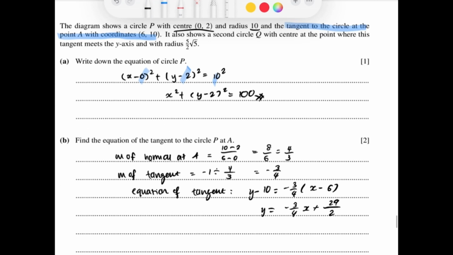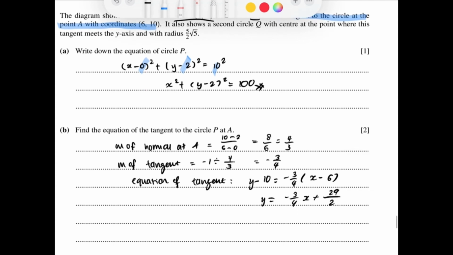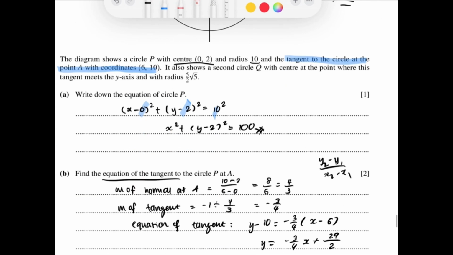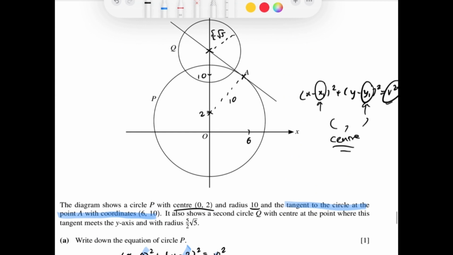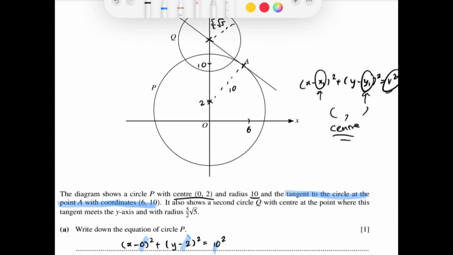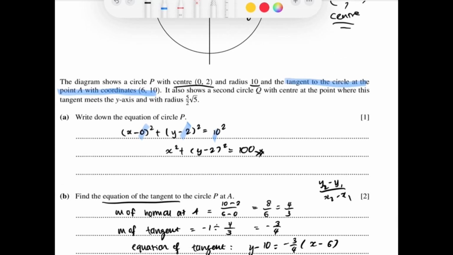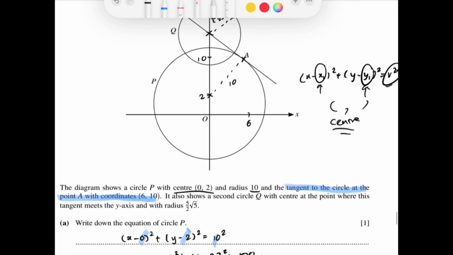So the gradient of normal at A is found by y2 minus y1 over x2 minus x1. Why am I finding that? So I want to find the equation of the tangent to the circle, but I don't know what the gradient of the tangent to the circle is. And you see, I have no way of finding that out unless I find the gradient of my normal.